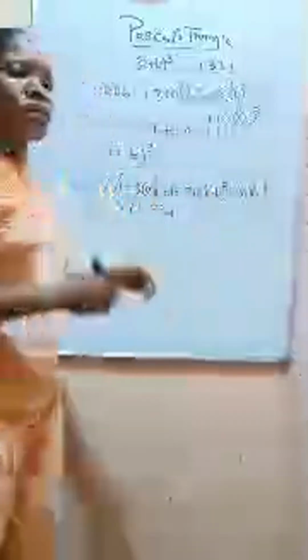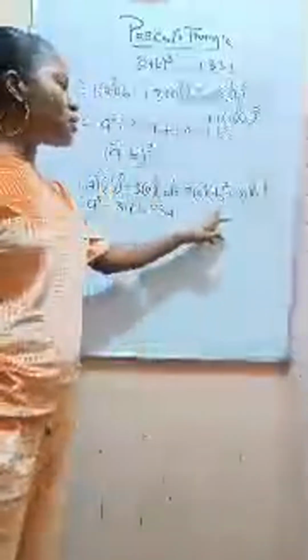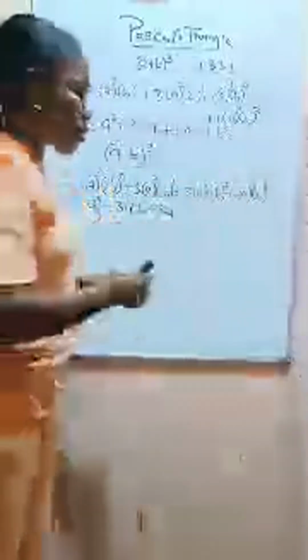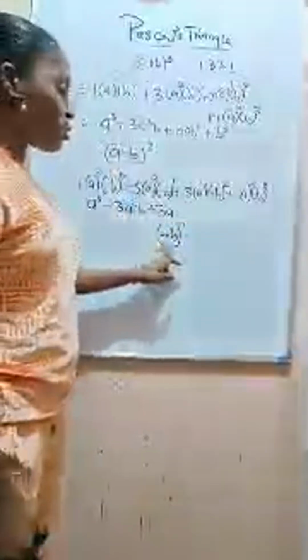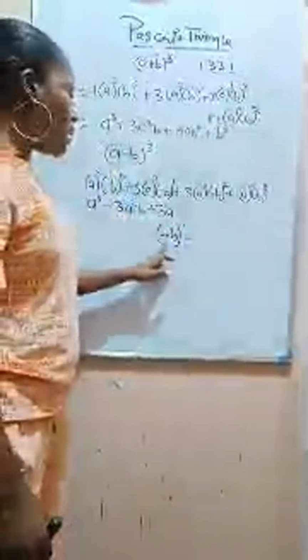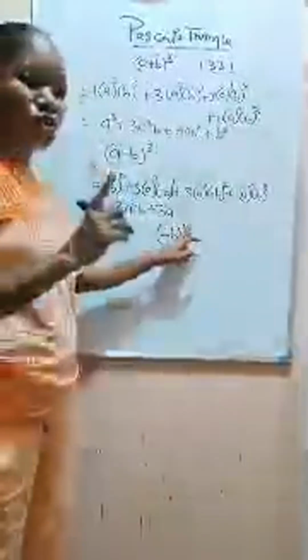Now a to the power of 1 is still a. This time we have minus b to the power of 2. This is the same thing as minus 1 times b, right? So that minus squared will give you plus.